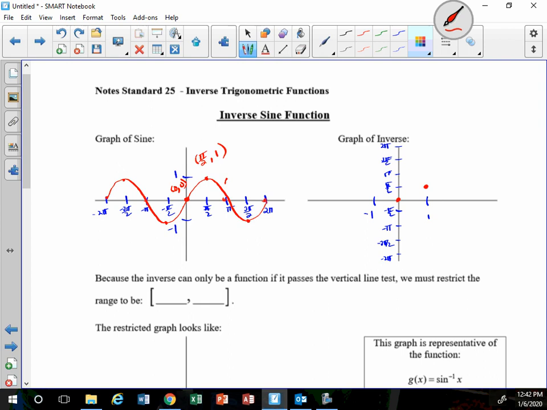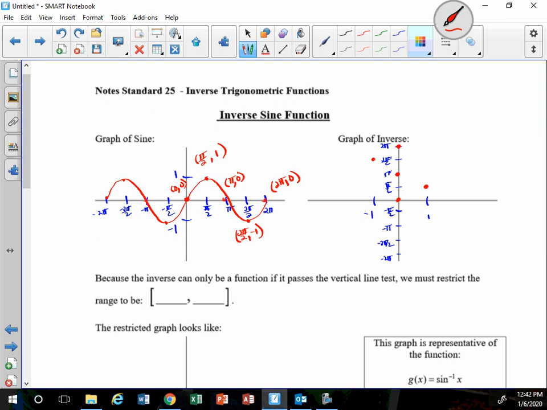I'll keep labeling a few of these here. This is going to be pi, 0. So I'm going to graph 0, pi. And my regular graph is 3 pi over 2, -1. So I'll do -1, 3 pi over 2. 2 pi, 0 becomes 0, 2 pi.